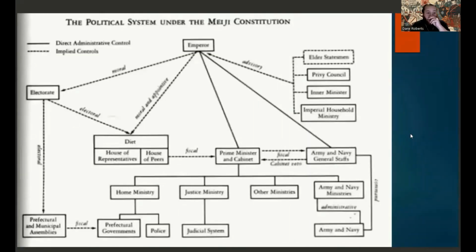Obviously, the supreme authority of this new Japanese empire, the Meiji Empire, was the emperor. And below him, you had things like the Diet, which consisted of the House of Peers and Representatives, the electorate, the Prime Minister, etc., all the way down. And they still kept the elder statesmen, Privy Council, and things like that.